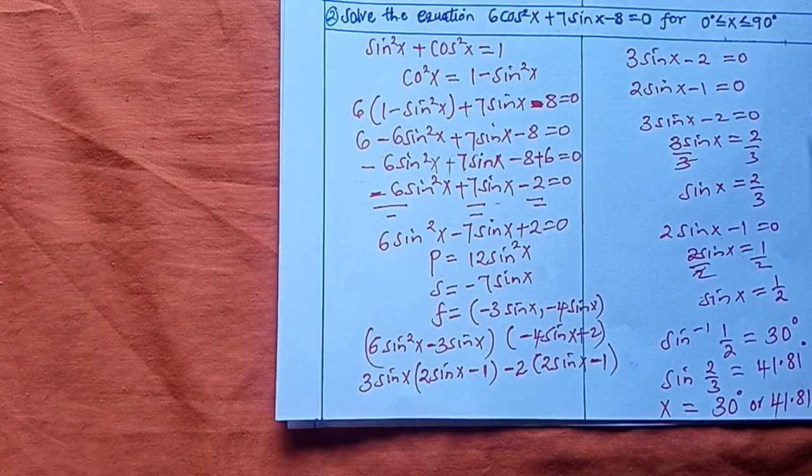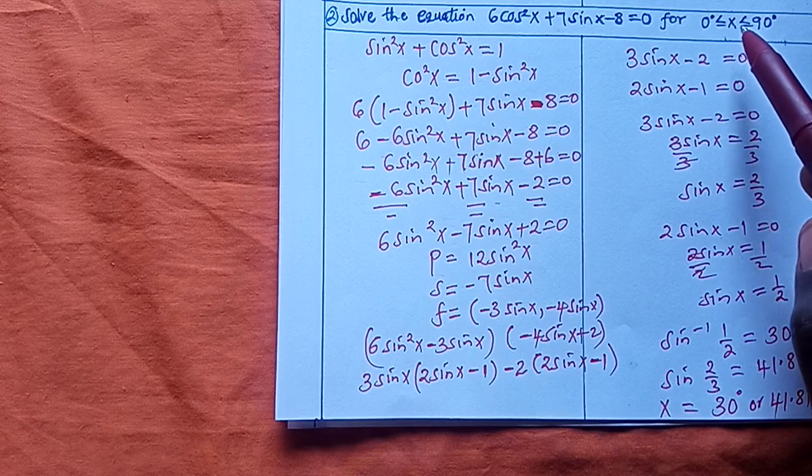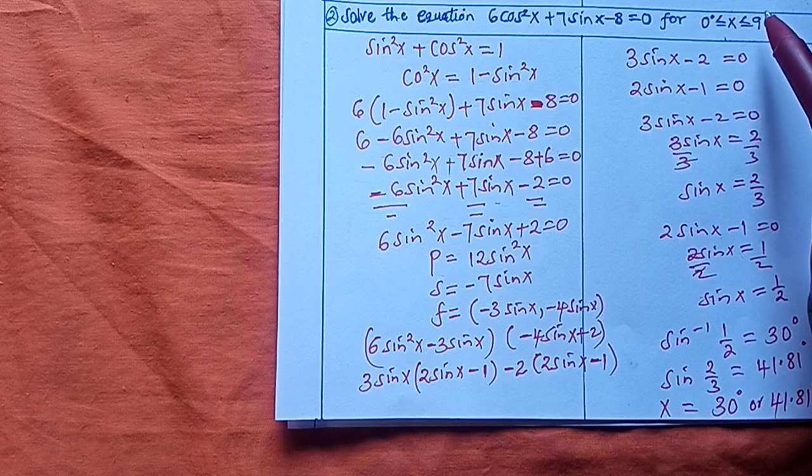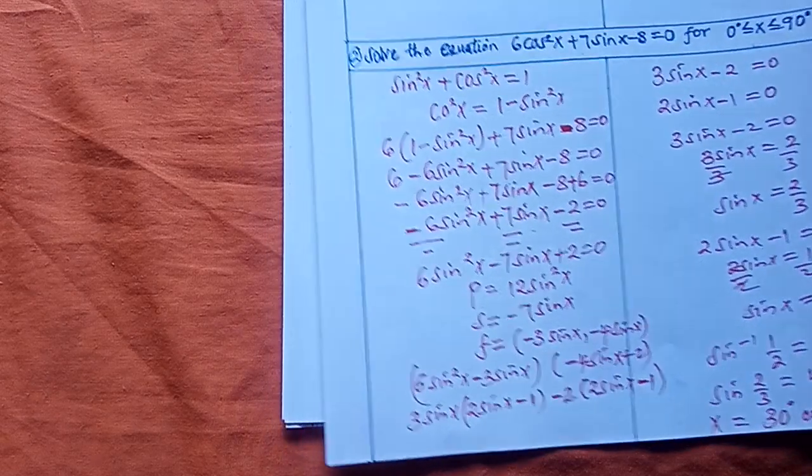If you use the unit circle, or if you follow keenly, the question is saying x is greater than or equal to 0, and at the same time it is less than or equal to 90. So the values we get for x must not exceed 90, and we have the values that obey the rules of this question.